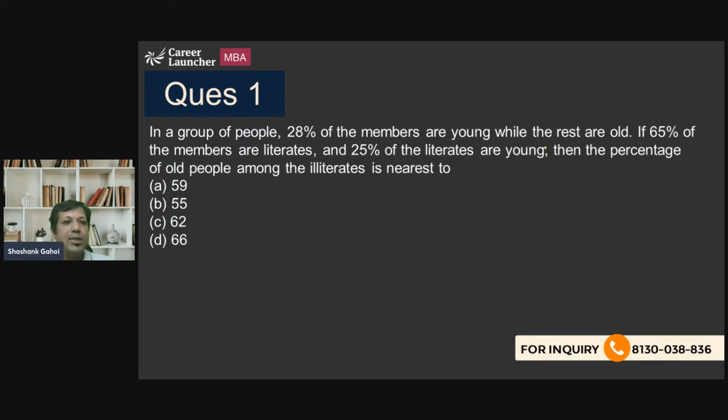Second, the same data is given in another format, based on literacy: people are literate, people are illiterate. So whenever you have the same data in two or more formats, do one thing: make a table. It makes it easy to visualize the data.